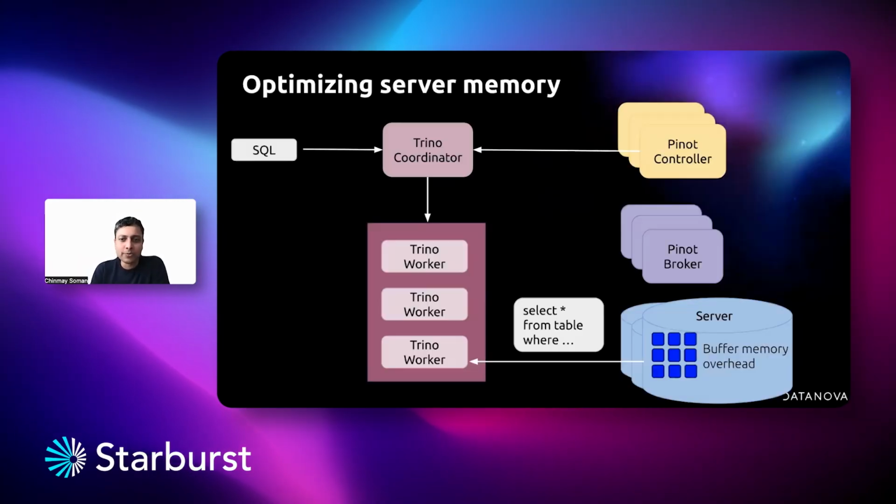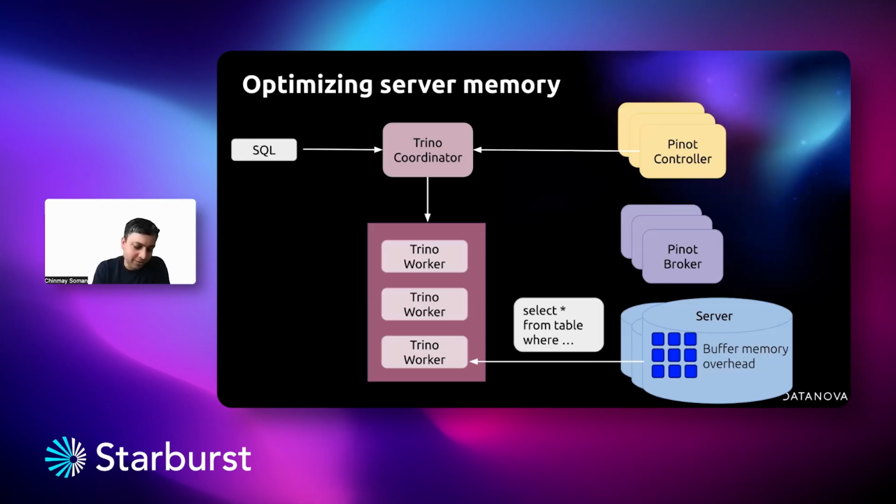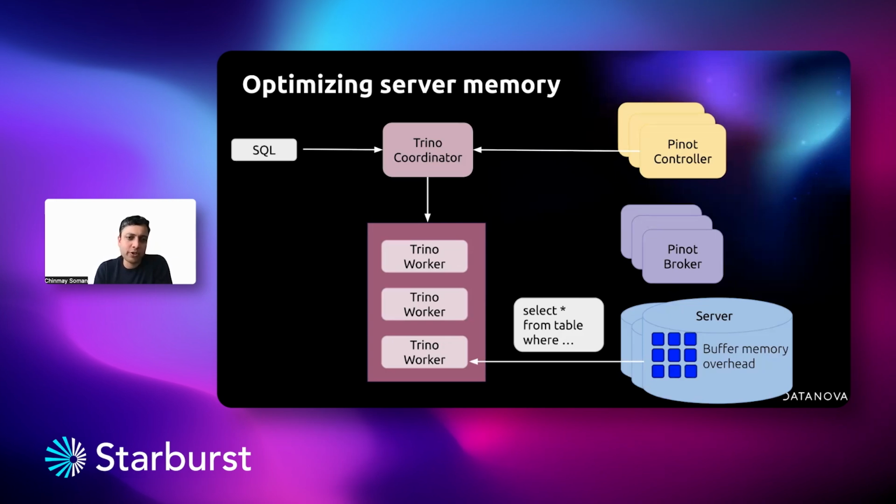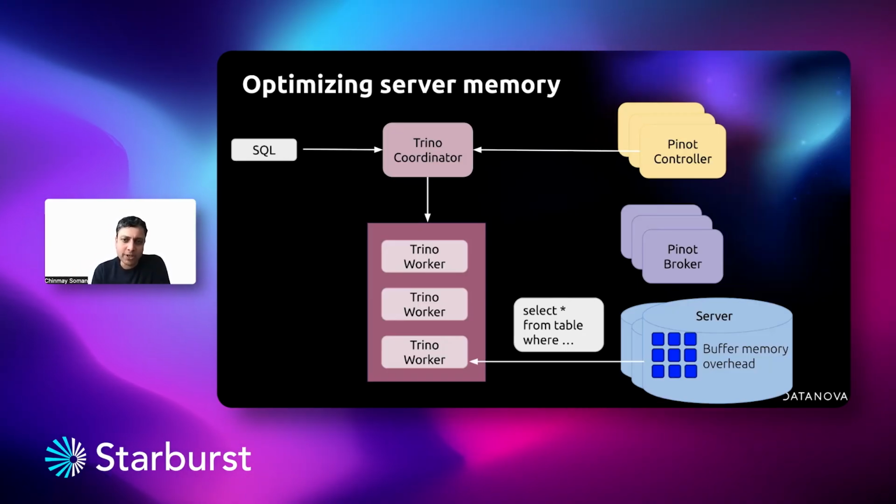Right. Okay, so now let's look at some of the challenges that the team had to overcome when running this in production. One thing we noticed is in scenarios where the Trino worker ends up doing a lot of scans from the Pinot server, for example, select star or select a bunch of columns with low selectivity, it actually causes a huge memory overhead on the Pinot server.